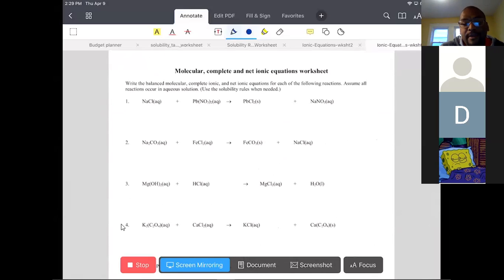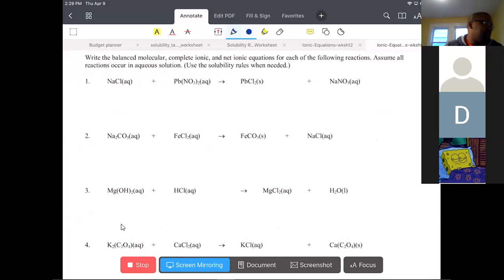Like I said, you have to make sure that you are able to balance it. And so here for the first one, I have sodium chloride that's aqueous plus lead nitrate, and it goes to lead chloride plus NaNO3. If I am going to balance it, we want to start with the one that's the most complex.